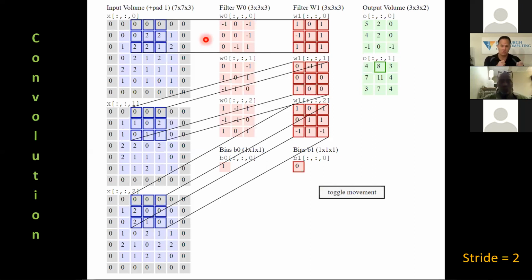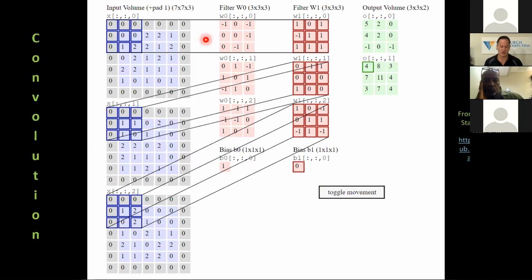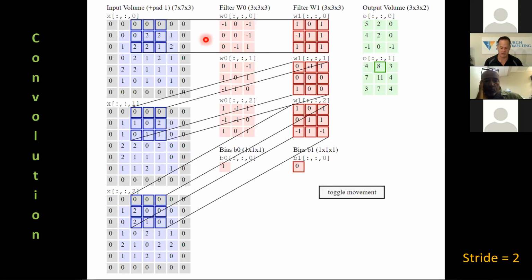The filter could move 1 pixel at a time. That might be nice and get us information at a very fine level of detail. We might want to skip bigger chunks at a time. We might want to have a little bit more zoomed out picture and find grosser information. That's a hyperparameter. We have to pick it. So in this case, the hyperparameter chosen was a stride of 2. So our filter's jumping along in chunks of 2 here.